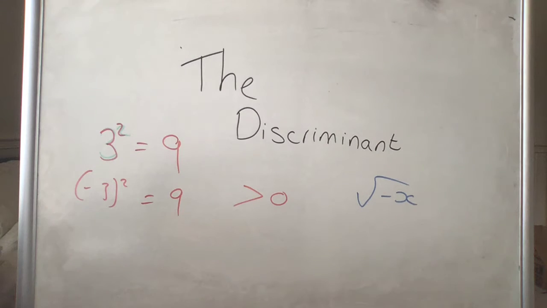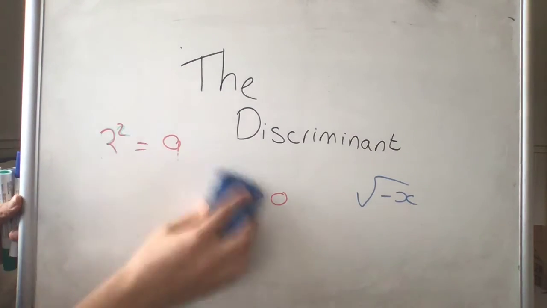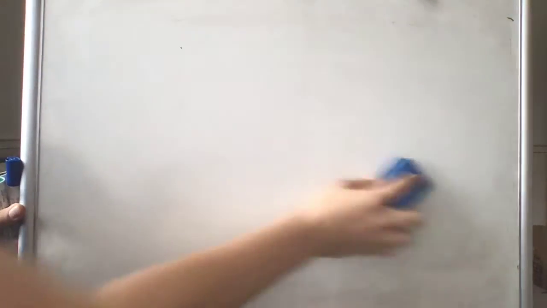And this information is really useful when looking at quadratic equations. For instance, let's look at the quadratic formula, which is used to find the roots and solutions to a quadratic equation. So the quadratic formula looks a little bit like this.